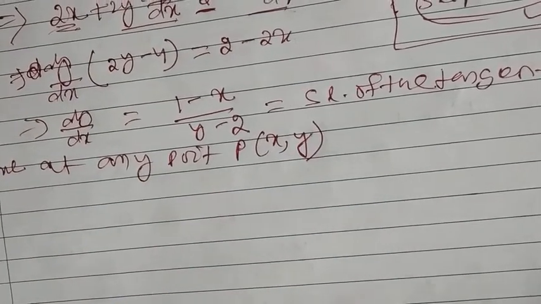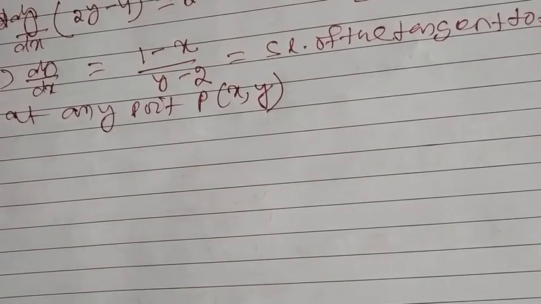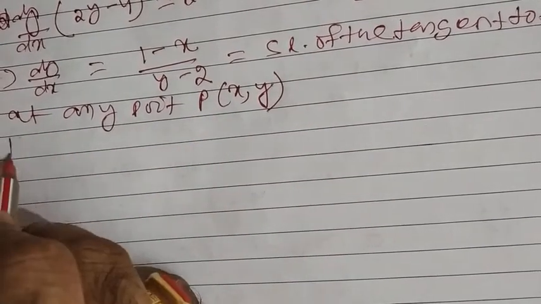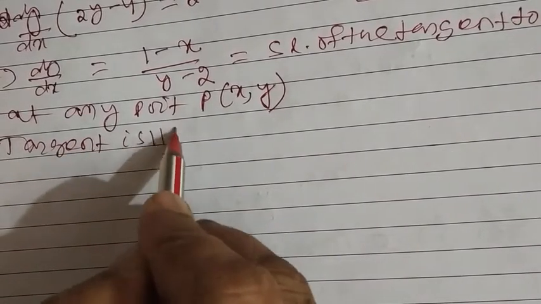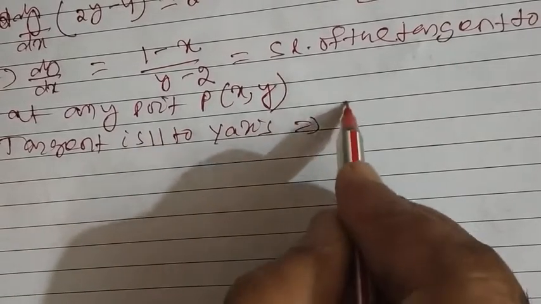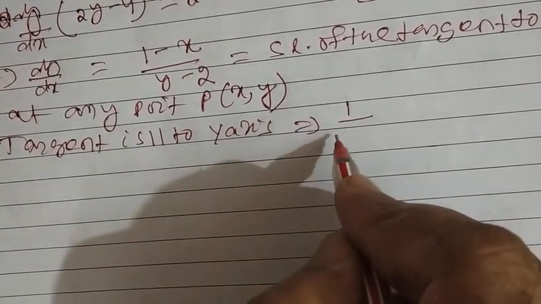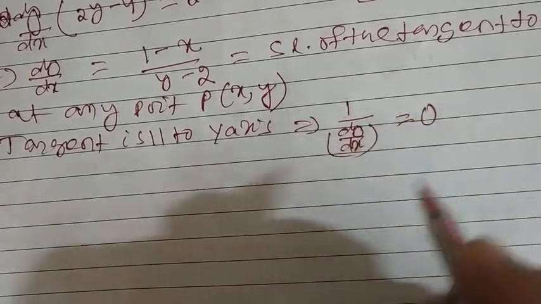Okay, no need to take the point x1, y1. Now, tangent is parallel to y-axis. Means 1 by slope of the tangent, dy by dx, is 0.